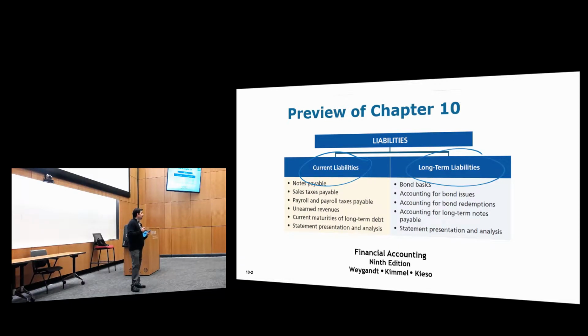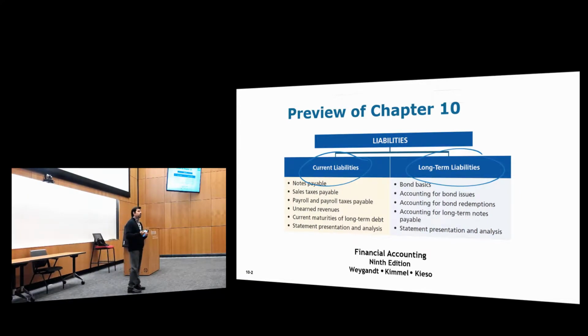Okay? Now remember one thing. We already studied notes receivable, right? This is the other side of the story. So company A's note receivable will be company B's note payable. If you remember, when we studied notes receivable, we talked about the maker of the note and the payee, right?